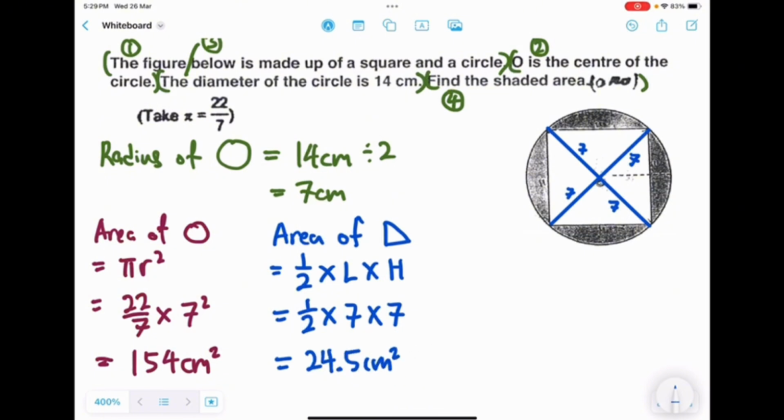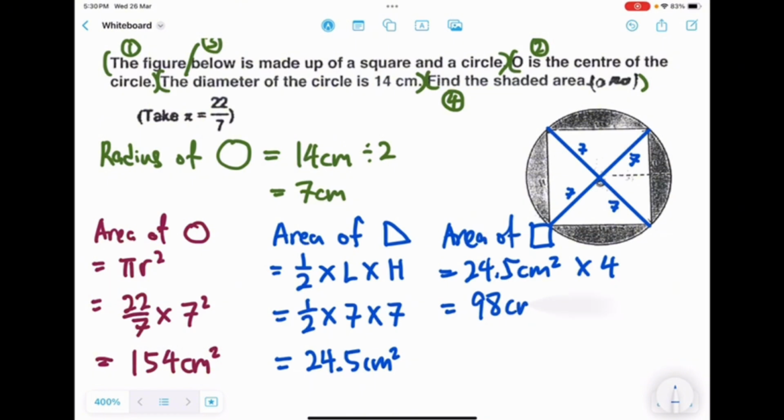cm². How many of such triangles do I have in this square? I know I have 4 of them. So I know that the area of my square is simply 24.5 cm² multiplied by 4. And this will equate to 98 cm².